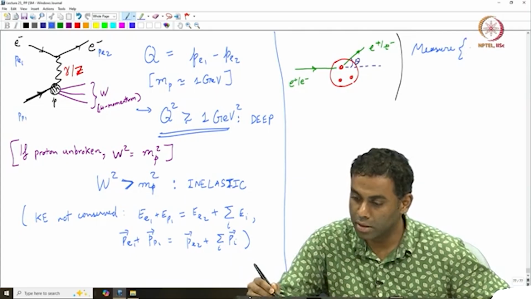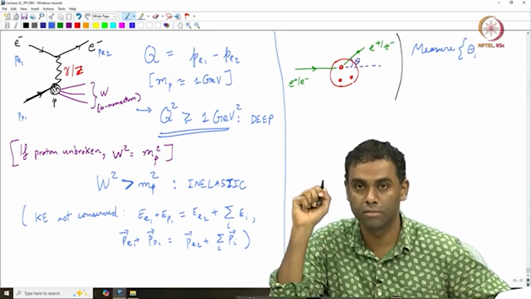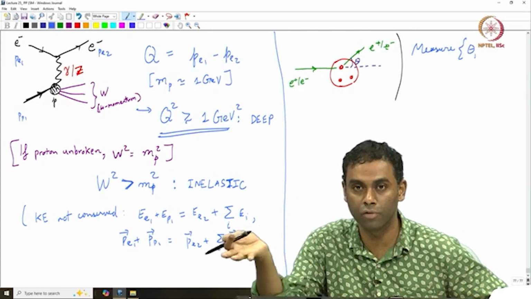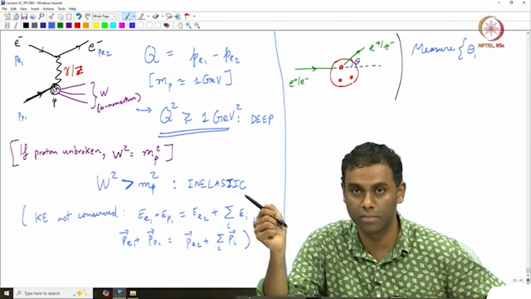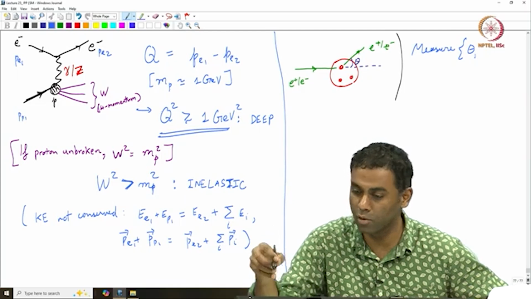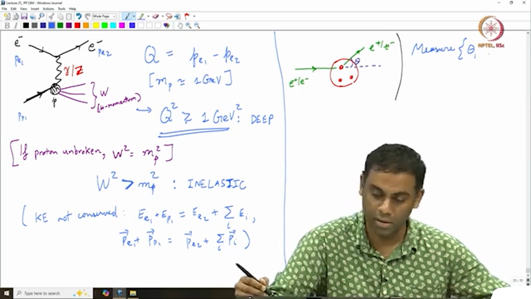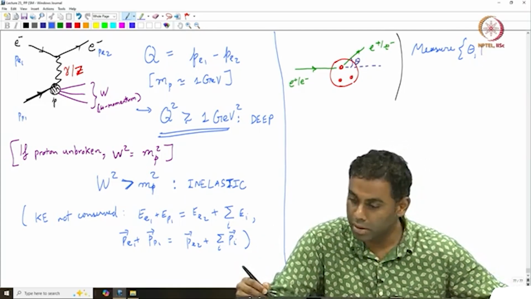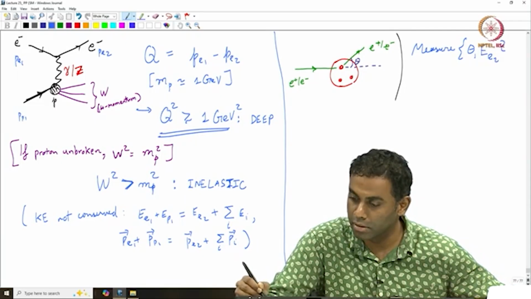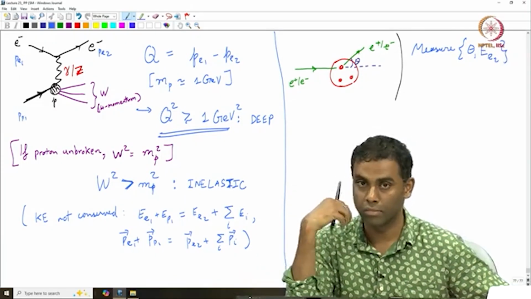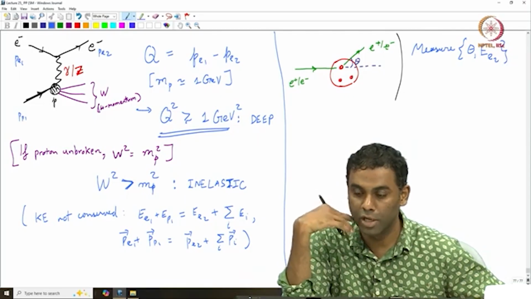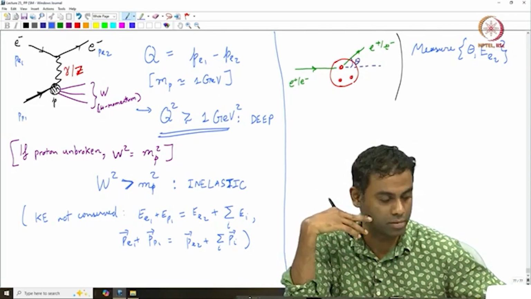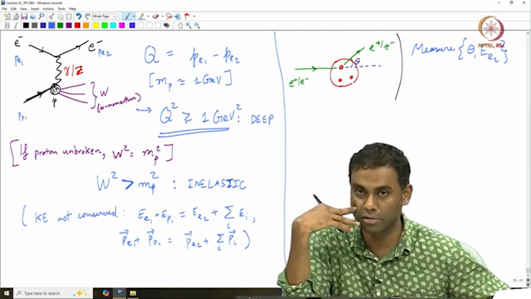One is clearly the scattering angle, because I have fixed the coordinate frame in my lab already. So clearly I can measure that. What else? I can measure the energy of the final state, correct. Energy of the initial state is fixed by me, but I can measure the energy of the final state.